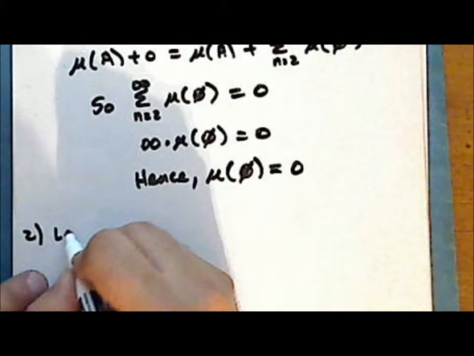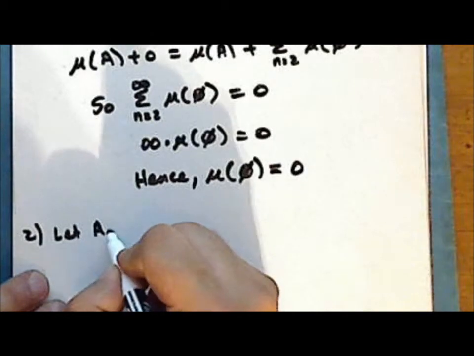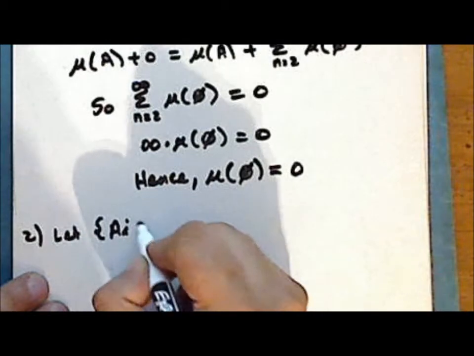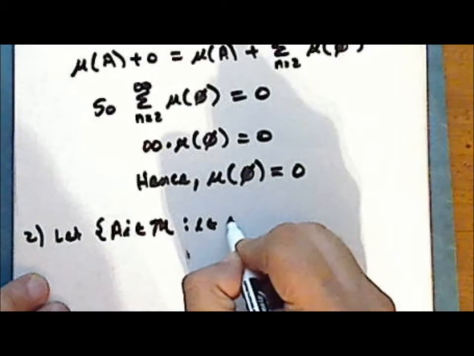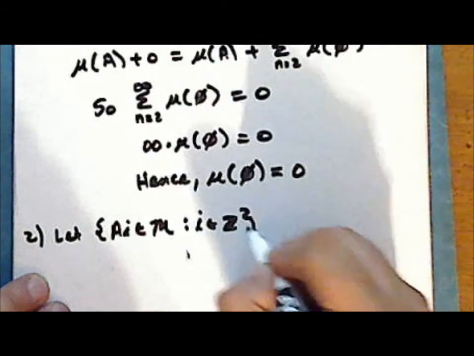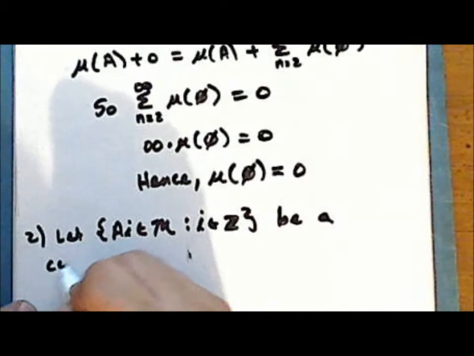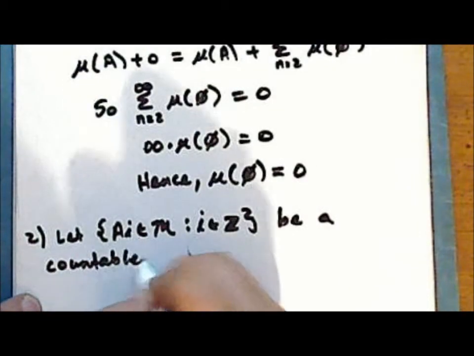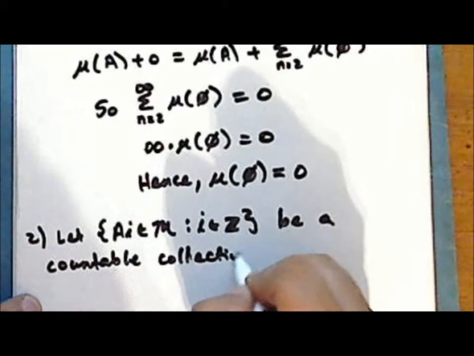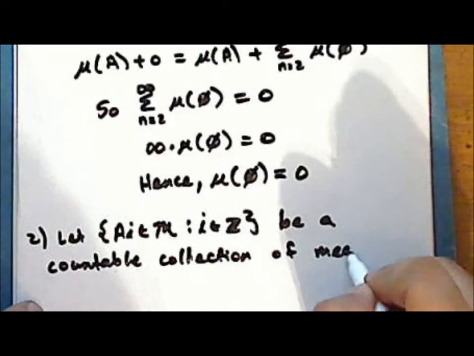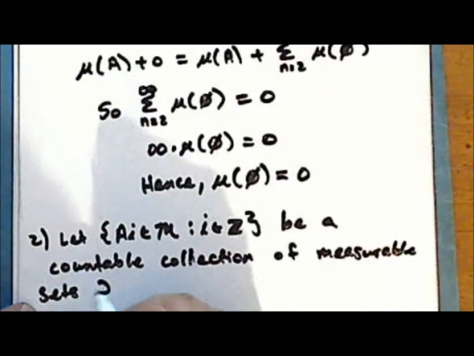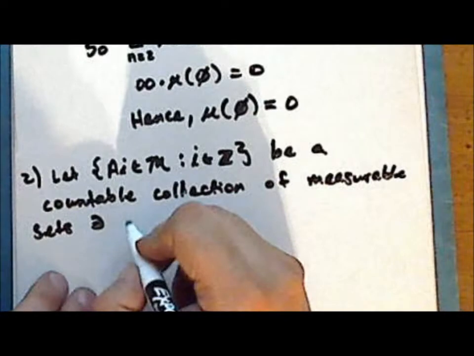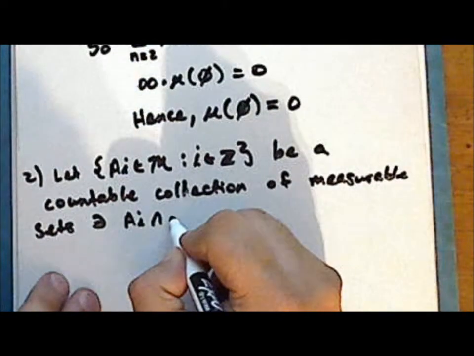So let the collection A sub i, for i in Z, be a countable collection of measurable sets such that A sub i intersected with A sub j is empty.